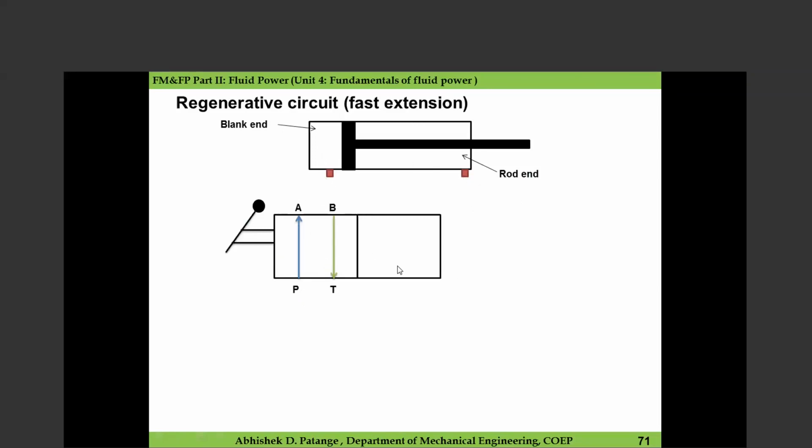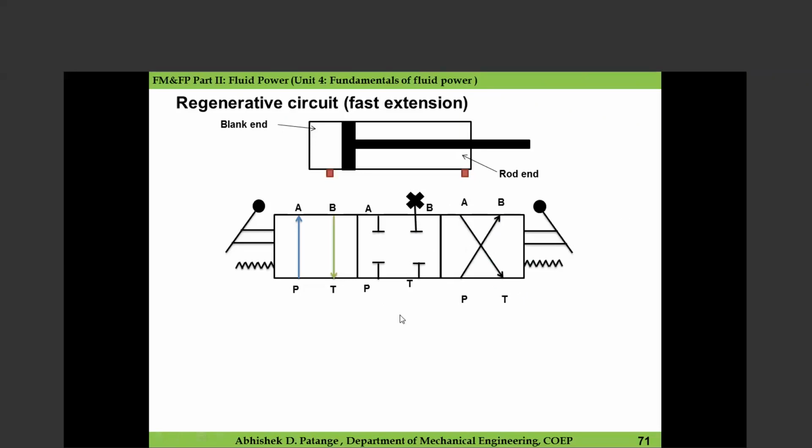Then we have the second position of the direction control valve where ports P, A, B, T are internally closed and port B is externally blocked. Then we have the third switching position where A is connected to T and P is connected to B. To operate this third position, I have another hand lever, and for the neutral position, we have two springs.